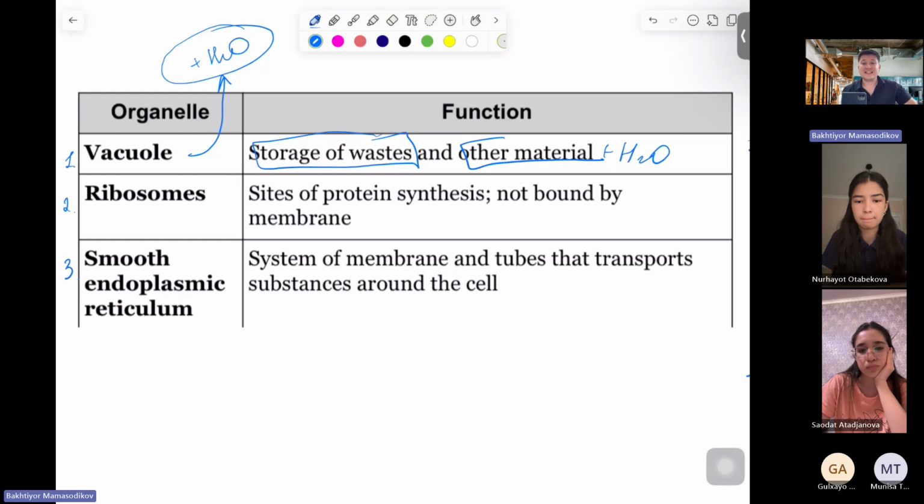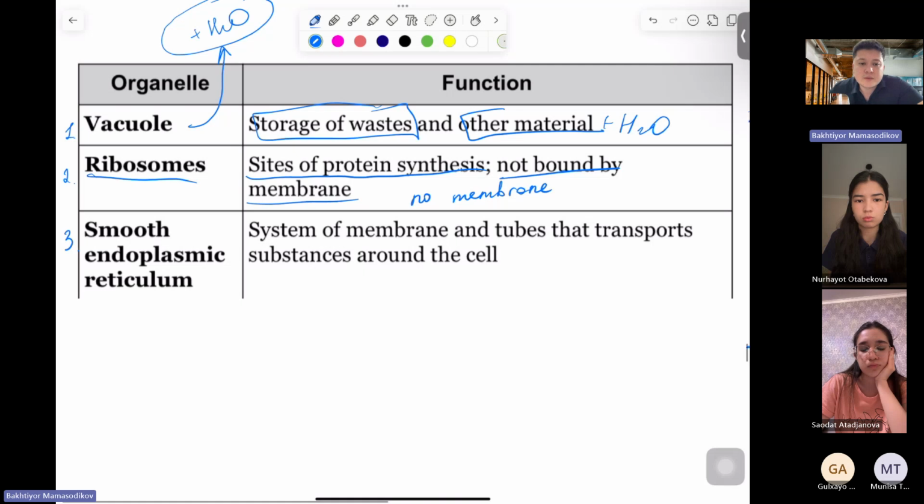So vacuoles are the main structures to make stable the plant cells, mostly. So ribosomes are places where the protein synthesis occurs. This is the site of protein synthesis, and there is no membrane in the ribosomes. You have to know it, no membrane, not bound by membrane.